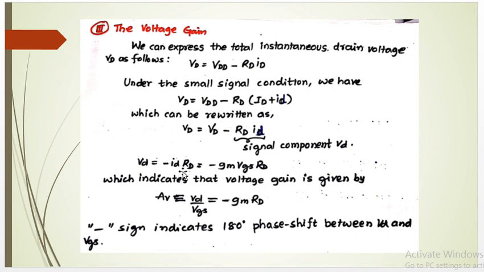By rearranging this equation, vd by vgs is minus GM RD. So the voltage gain is given by minus GM RD. The negative sign indicates a 180-degree phase shift between vd and vgs, that is output and input.